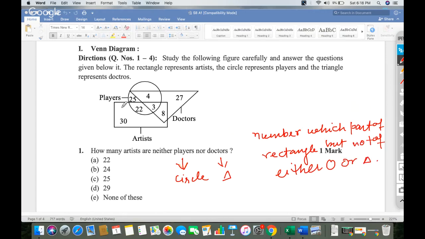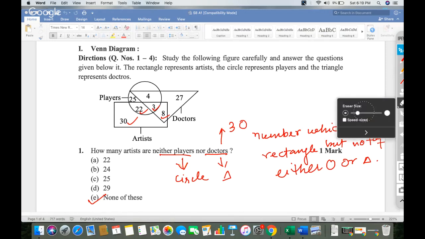So look at here. In the rectangle, I have four numbers: 30, 22, 3, and 8. Only 30 is the number which is neither part of circle nor part of triangle. It means that how many artists are neither player nor doctor? The answer should have been 30. Hence, the answer here would be none of these.